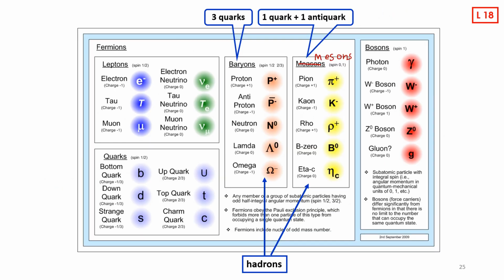This is another summary for the standard model of particles. Fermions are particles that have spin half. So leptons and quarks are fermions. Baryons are also fermions. Mesons, since they have spin 0 and 1, which are integers, are bosons.